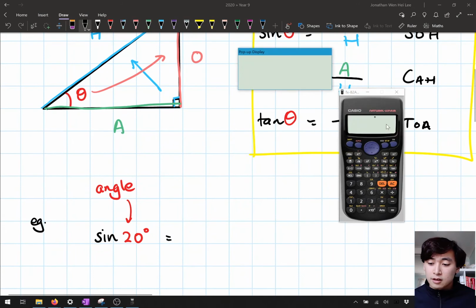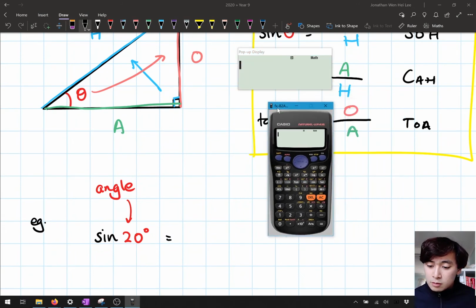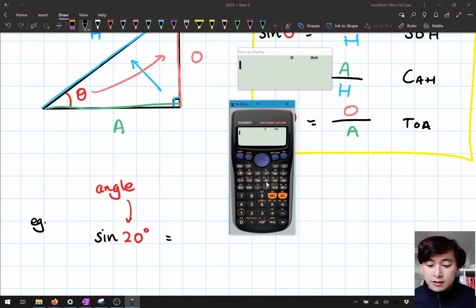If you have a look, you have sin, cos, and tan all on your calculator here. So these three buttons represent those three trig ratios.